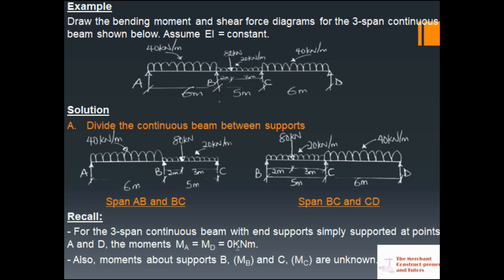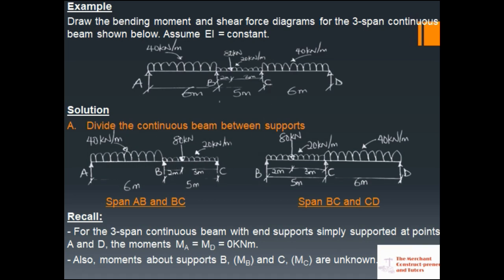MA equals MD equals 0. Did you get that condition? Then the moments about supports B and C are unknown. Since A and D are at the ends, automatically they are 0. So the ones we are going to look at are the moments at these supports, MB and MC. I hope we understood this first part.